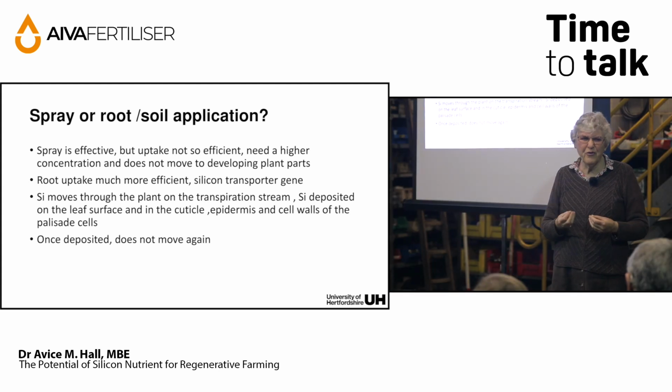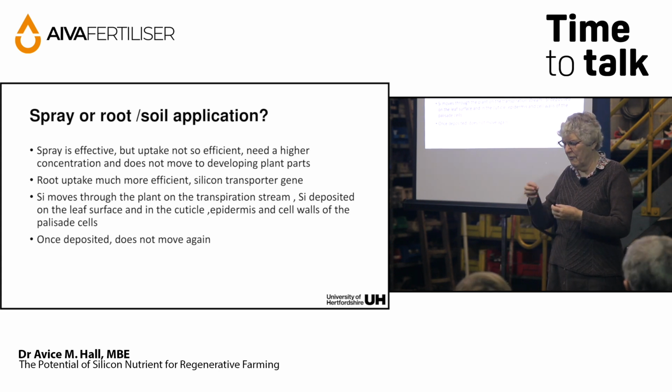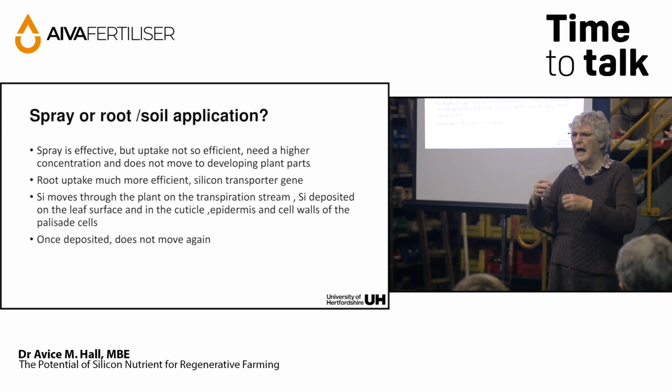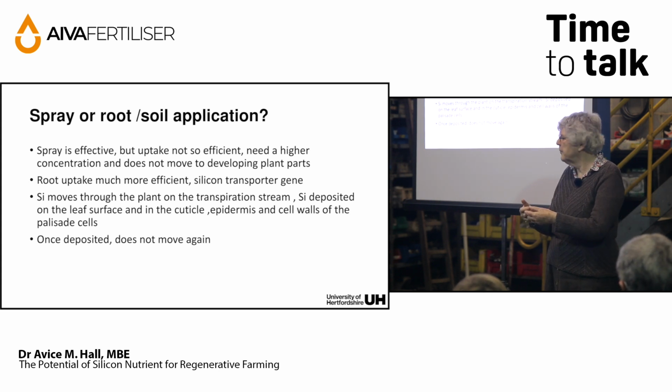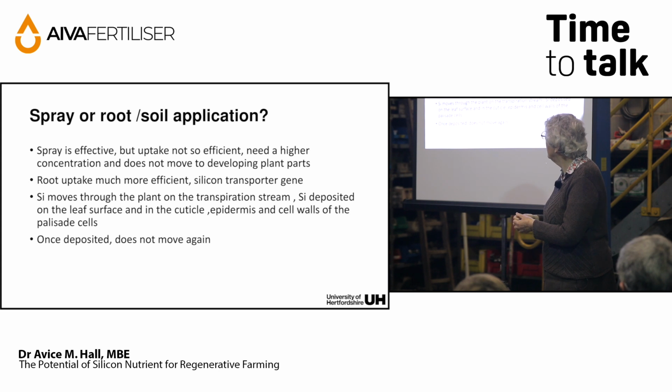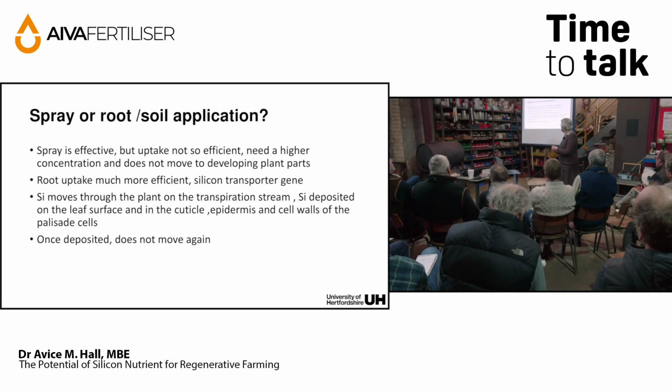What I will say, though, if it is travelling throughout the plant in the root system, from the roots to the shoots, moving in the transpiration stream, and if you've got these silicon transporter genes in the roots, then it does make a lot of sense to apply through the roots.